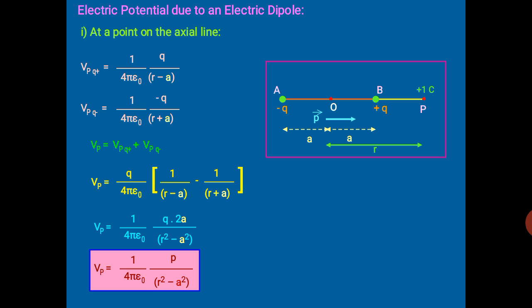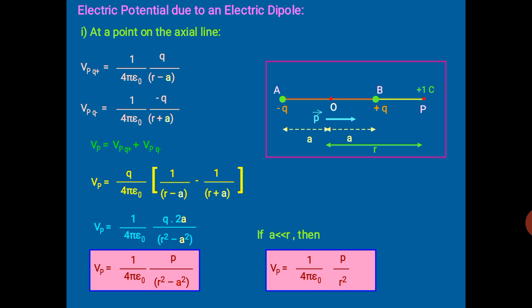So the final expression for the electric potential due to an electric dipole is 1 upon 4 pi epsilon naught p divided by r square minus a square. Note that if a is very small, if P is far away from O, then r square minus a square is simply r square. So we can write the electric potential as 1 upon 4 pi epsilon naught p divided by r square. This is the final expression of electric potential due to an electric dipole.